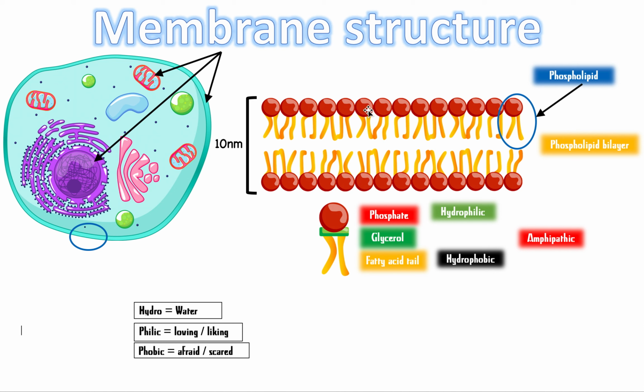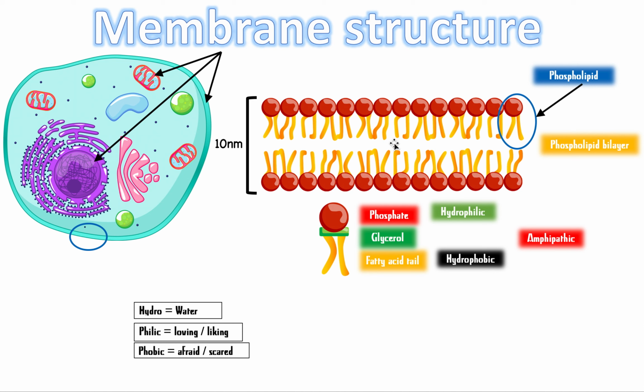This makes sense because if I told you this right here is the inside of the cell, and this right here is the outside of the cell, and this is the membrane separating the inside from the outside, then think about it. This way, the phospholipid heads, the phosphate heads, which are hydrophilic, are facing the water. They don't mind that. They actually love that. Whereas on the outside, which is also water, the phosphate heads are facing the water, and that's great because they love water.